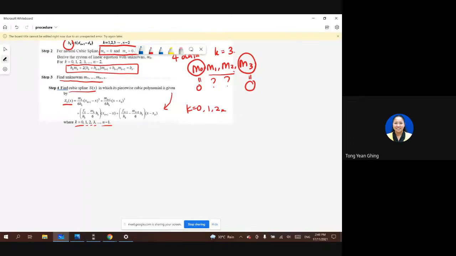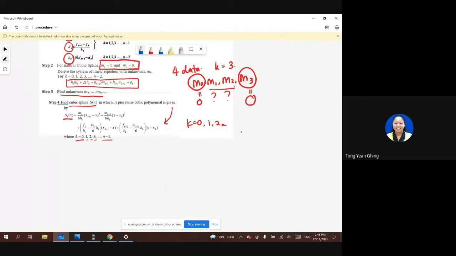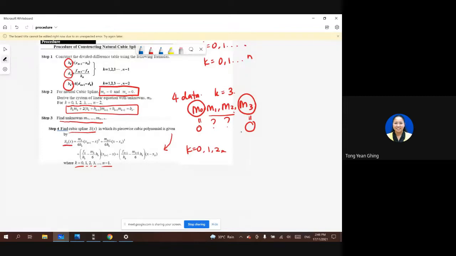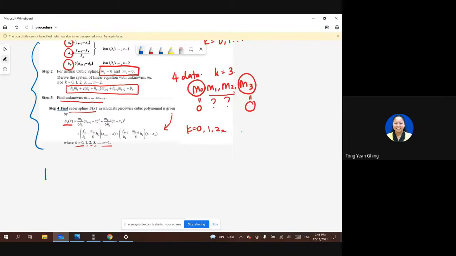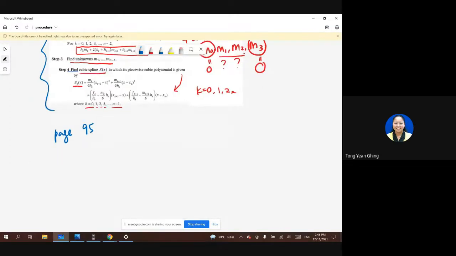With this alternative way, normally we won't give you the formula, so you have to memorize it. That's why I prefer students to go this way. On page 95, it says alternative for step 4. It means we do not want this long one.